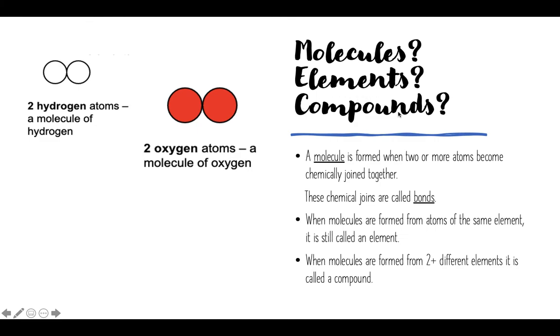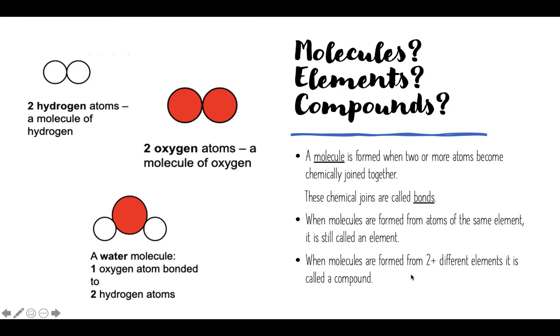Compounds are formed from two or more different elements. So water, for example, would be a compound. It is formed of one oxygen atom in the centre and two hydrogen atoms at the sides. So molecules are formed when two or more atoms become chemically joined.